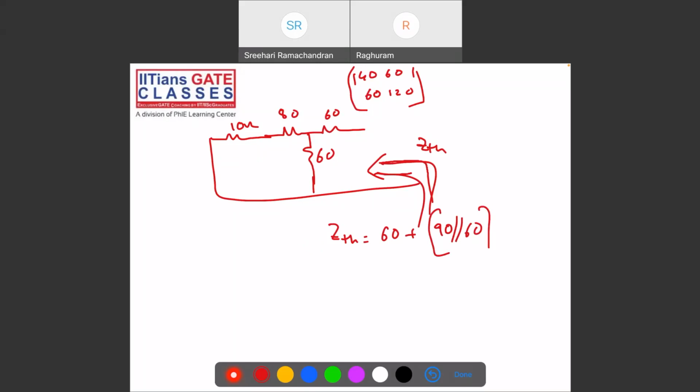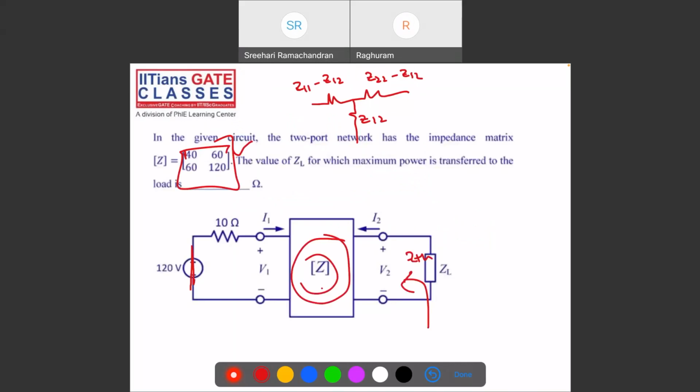This is a simpler way to do it. I'm sorry I got confused with the numericals. I got the approach, sir. So it should be equal to the load impedance, right, sir? Yes, that should be equal to load impedance for maximum power.